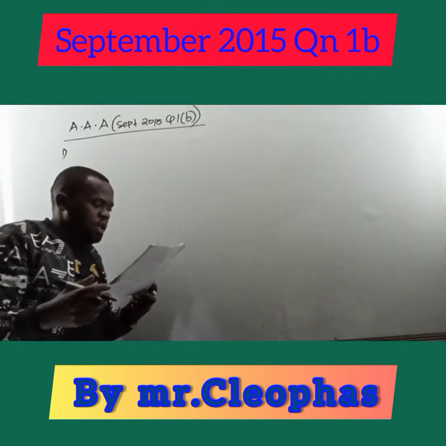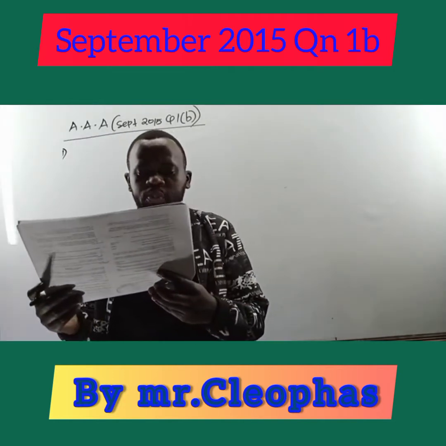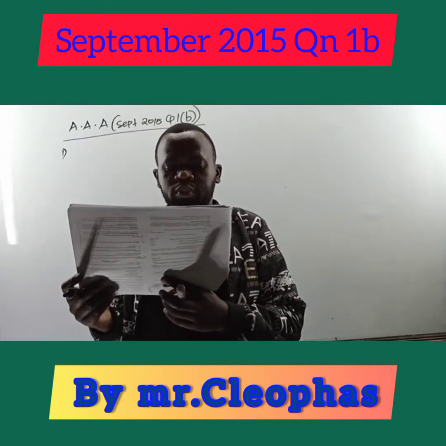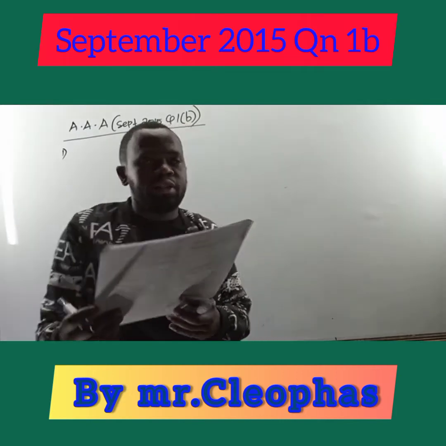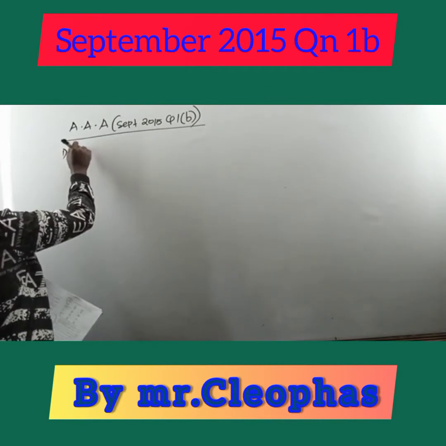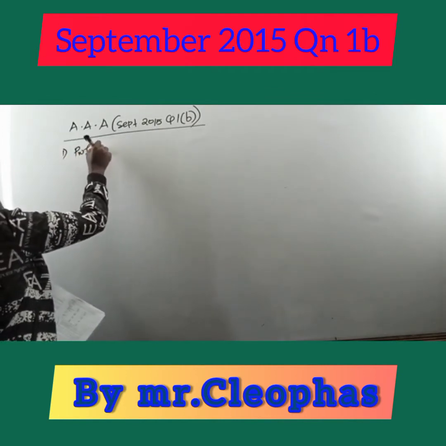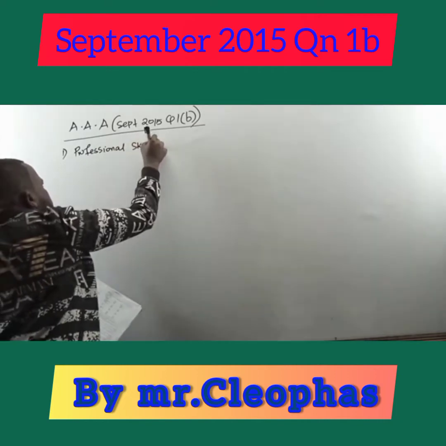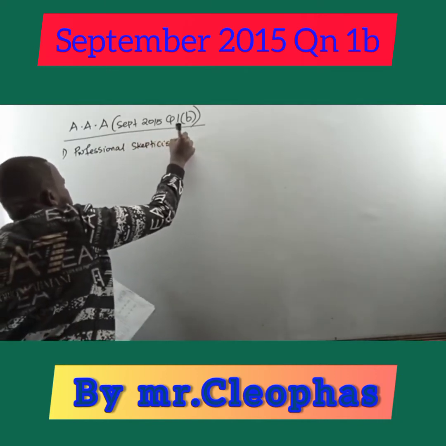Part 1 says, discuss how professional skepticism should be applied to the statements made by the group finance director. So the first thing, you need to understand what this professional skepticism is.